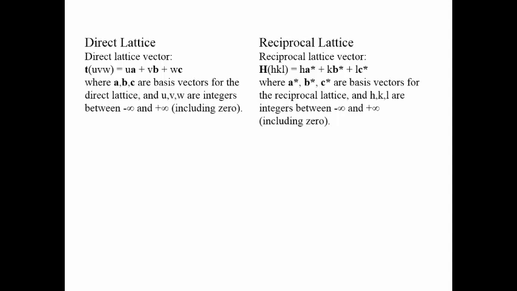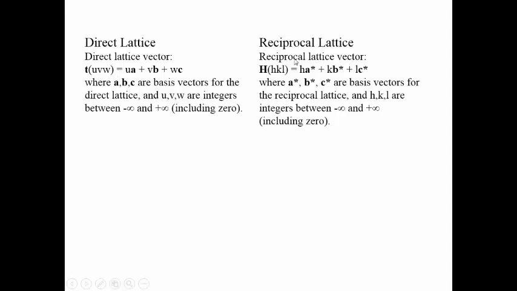Now, you see that we have these lattices, and we know a lot about lattices. We've been studying them for the last 4 chapters, and we can write the direct lattice vector as just A, B, and C times some, in this case, integers, if we're talking about the lattice vectors. So the translation vector is equal to U, V, and W, and that's the functionality here.